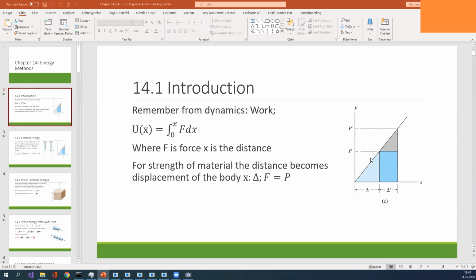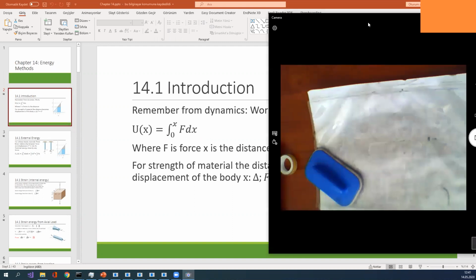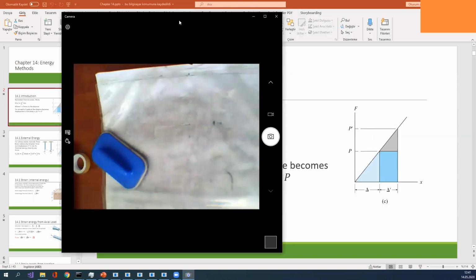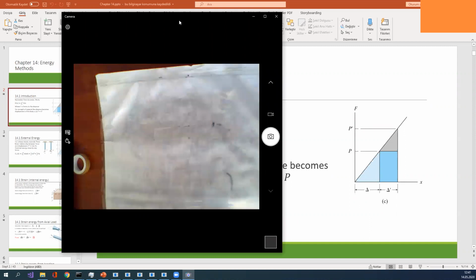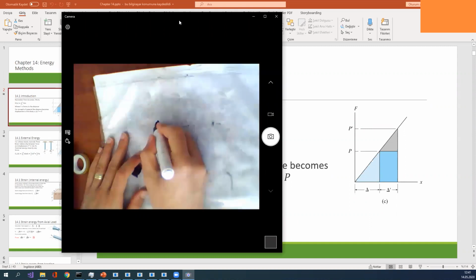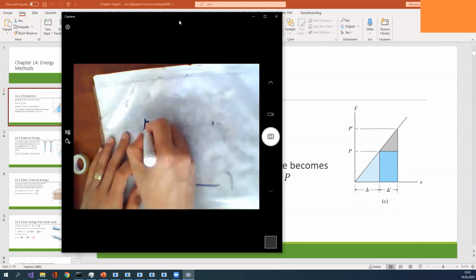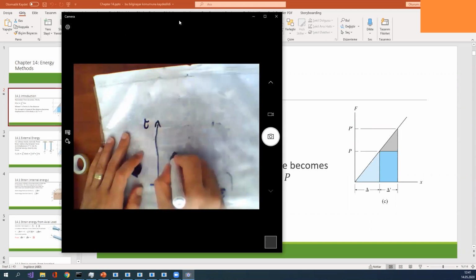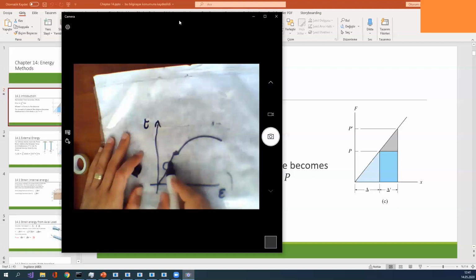Maybe you remember from strength of materials the relationship between the force and the actual displacement, for example in a tensile test, or a sigma-epsilon graph like this. But mostly we prefer talking about structures in the elastic case, so we use Hooke's law.